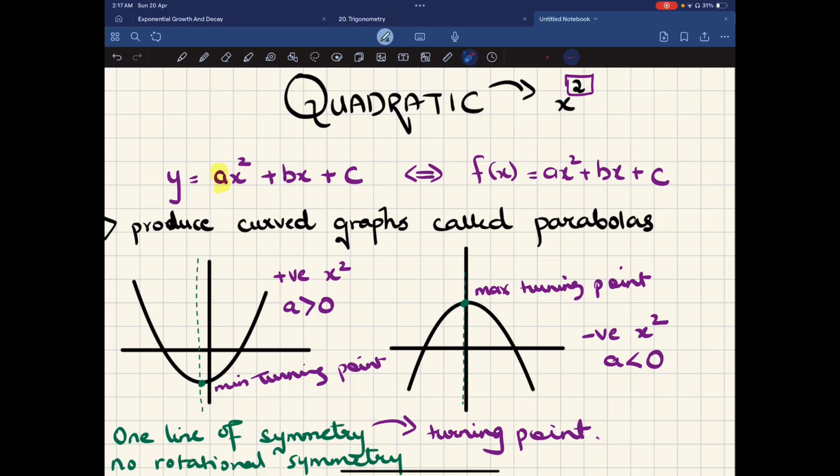Okay? Another thing to make note of is that the turning point and the line of symmetry are at the midpoints of the roots, exactly at the midpoints. Okay?